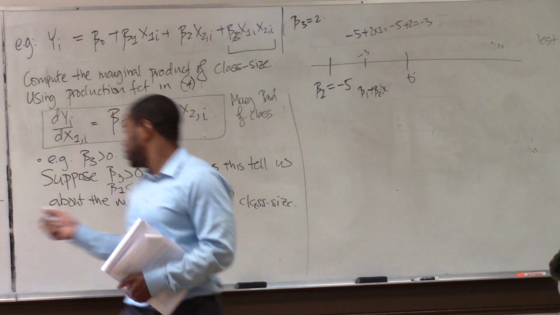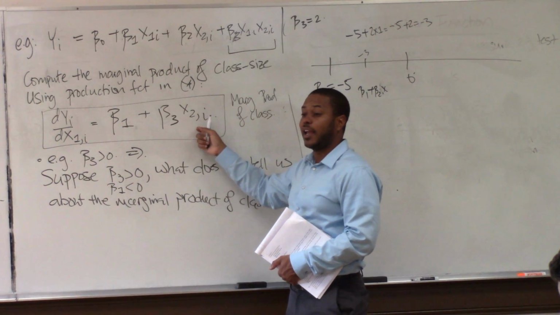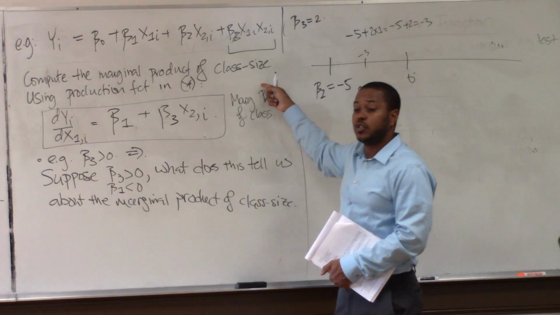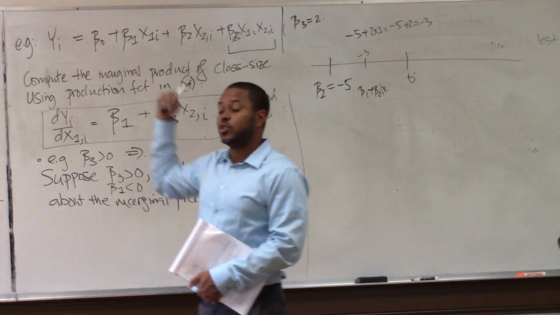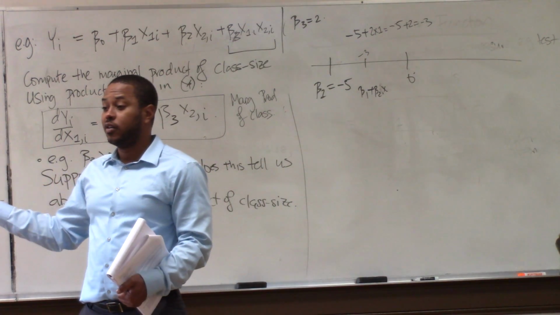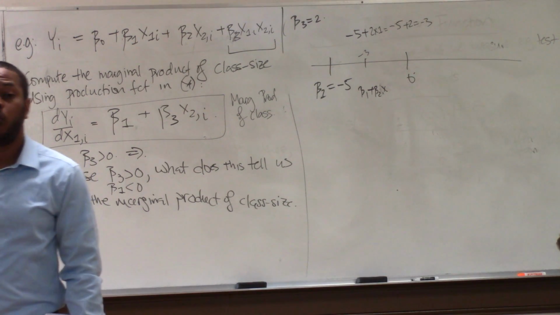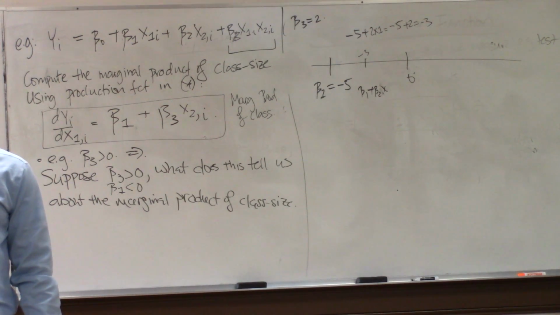Whereas if you had a worse teacher, like if x were negative and the teacher had a negative quality, then you actually have the effect of class size being exacerbated because this person is a bad teacher to begin with, and then on top of that you make the class bigger. So the effect of making the class bigger for a worse teacher is more negative, but for a better teacher, it's less negative. So that's what this interaction does.